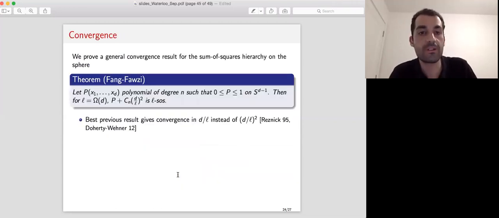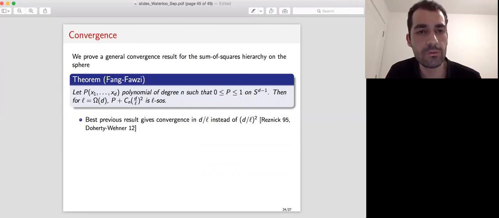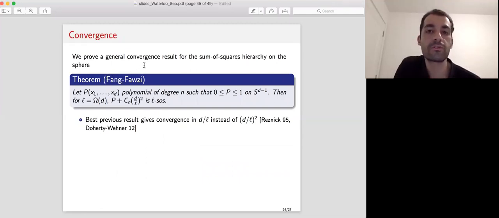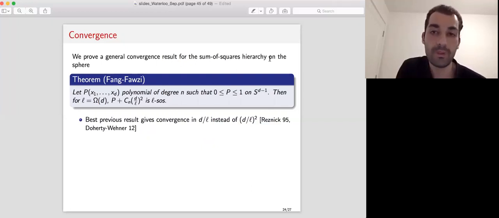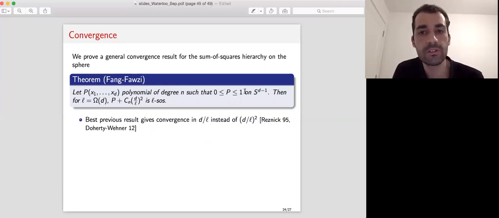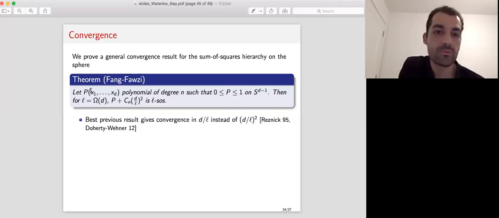This is something that we proved with Kuhn, who is now at Waterloo. So we show a general convergence result for the sum of squares hierarchy on the sphere. If you want to just minimize a polynomial on the sphere, or just certify that the polynomial is non-negative on the sphere, this is one statement that we have.